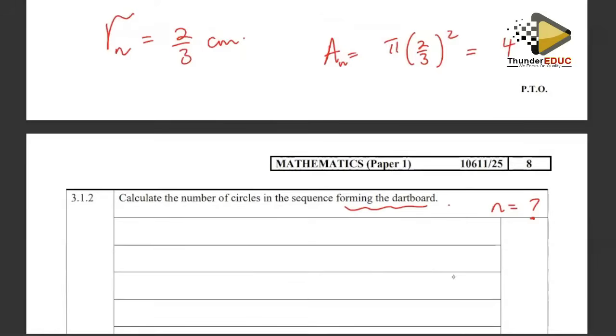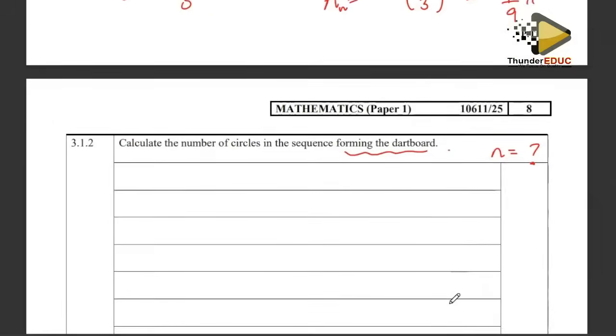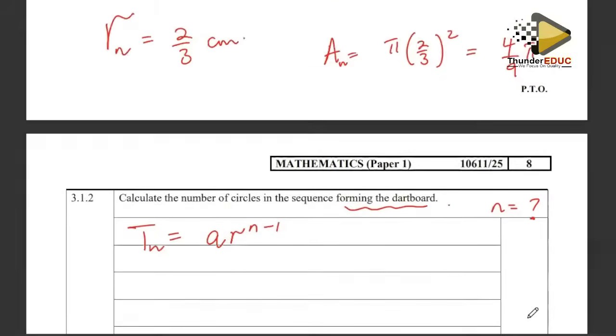This is going to give me 4/9 pi. From our general term of a geometric sequence, we know that Tn is given as ar to the n minus 1. Where there is Tn, I'll represent the 4/9 pi.